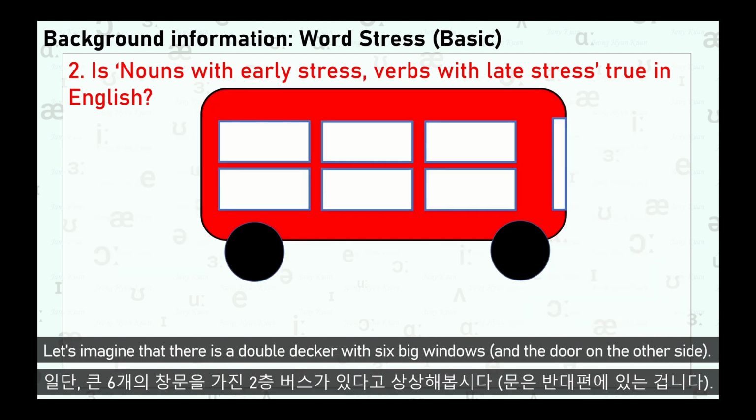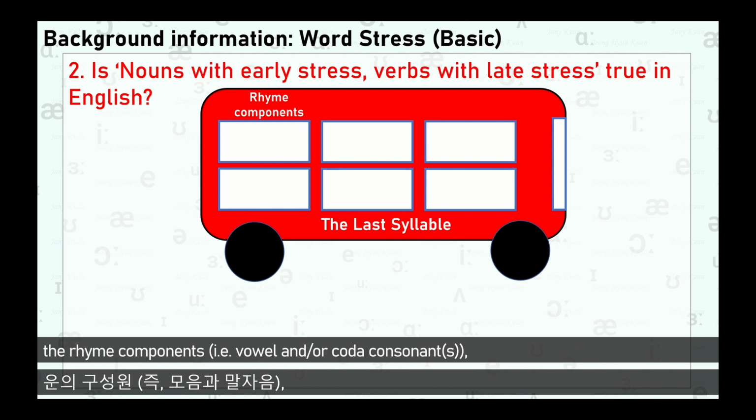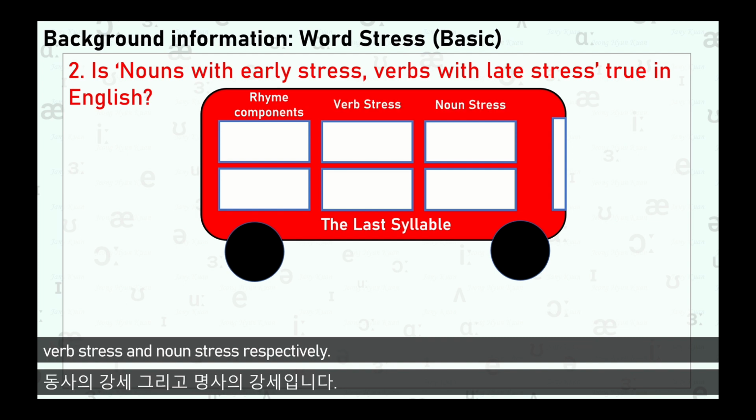Let's imagine that there is a double-decker with 6 big windows and the door on the other side. This represents the last syllable. Each vertical pair of windows represents the rhyme components, that is, vowel and/or coda consonant, verb stress, and noun stress respectively.